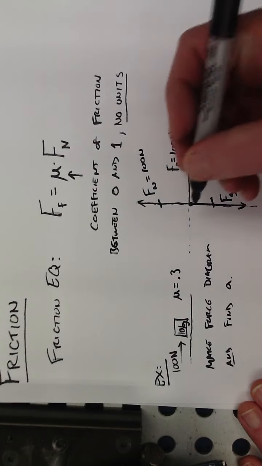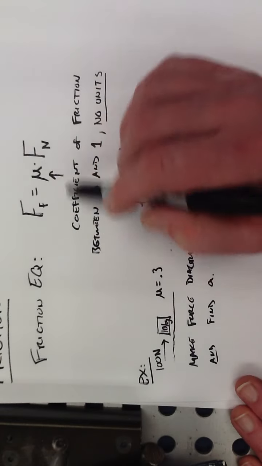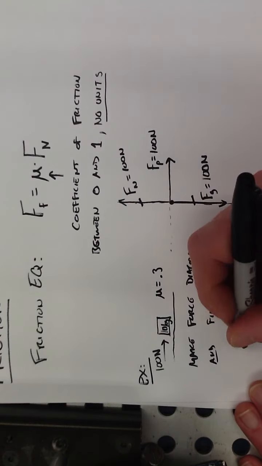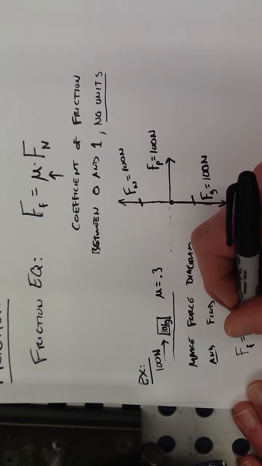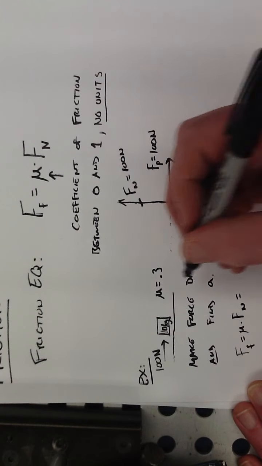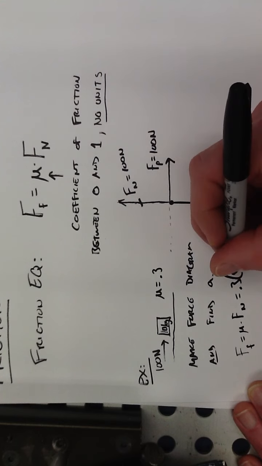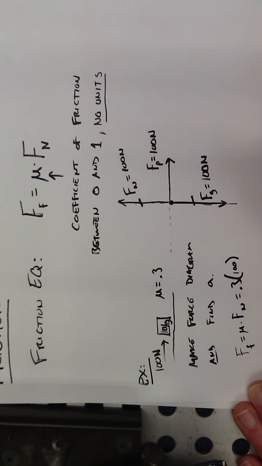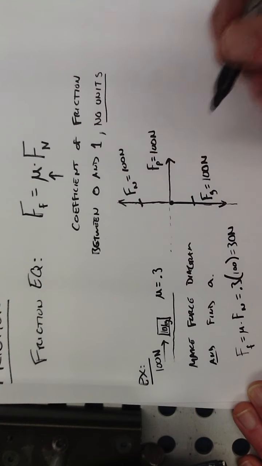Okay, how much friction is there? Well, this is where we use our fancy new friction equation. So the force of friction is equal to mu times the normal force. And here, mu is 0.3, and the normal force is 100. So that is 30 newtons.